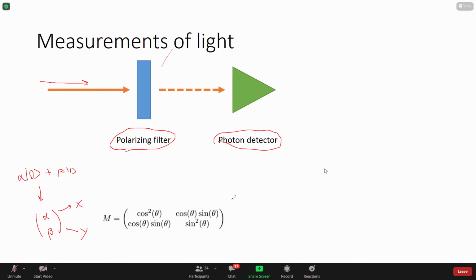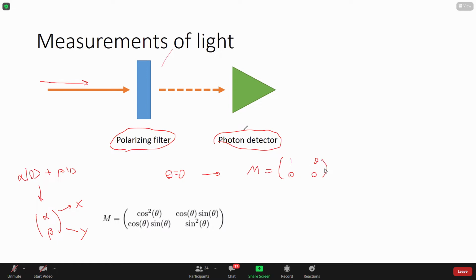Let's take the example where theta is equal to 0, which would correspond to the polarizing filter being in the x direction. So it will only let the photon through if it's in the 0 state. In that case, our M operator: cosine of 0 is 1, sine of 0 is 0. So that becomes really just 1, 0, 0.